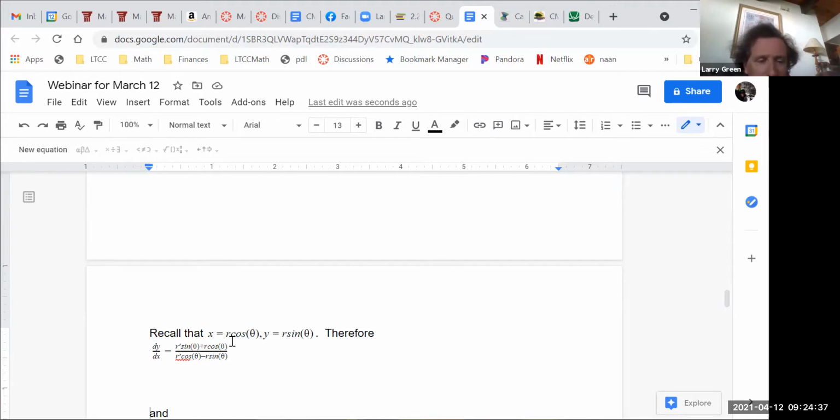So that means everything to the right of the x here is only thetas because r is a function of theta. And similarly, everything to the right of the y is also a function of theta, which means you have x as a function of theta and y as a function of theta.